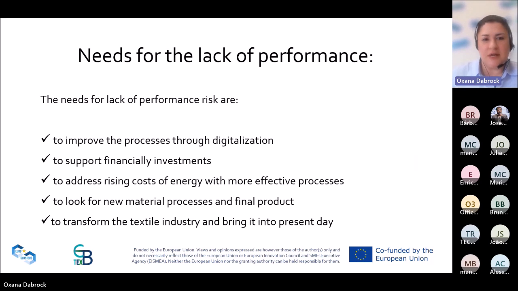Needs for this risk are to improve the process through digitalization, to support financial investments, to address rising costs of energy with more effective processes, to look for new material processes and final product, and to transform the digital industry and bring it to the present day.